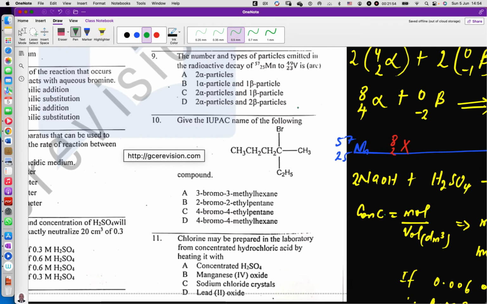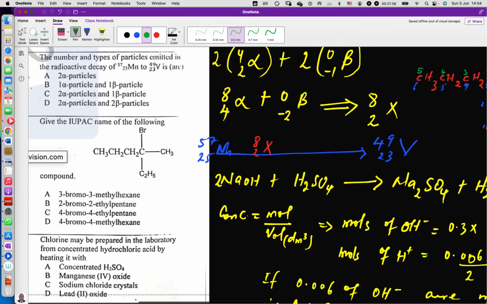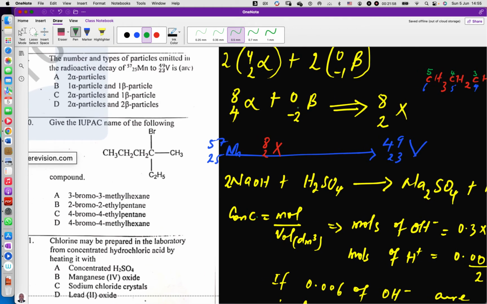Okay, let's see how the decay is going. Assuming this is the element here, Mn with atomic mass of 57 and atomic number of 25. It undergoes a radioactive decay to atomic mass of 49 and atomic number of 23.